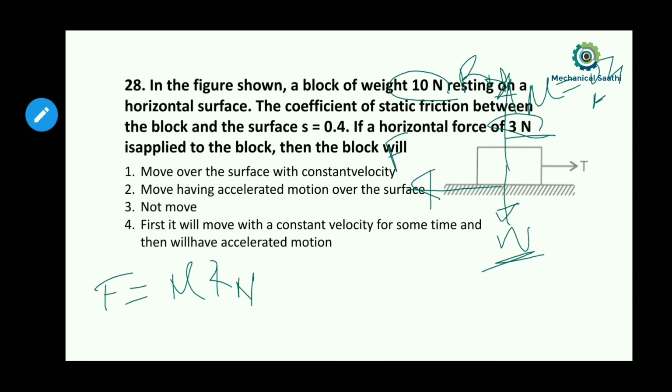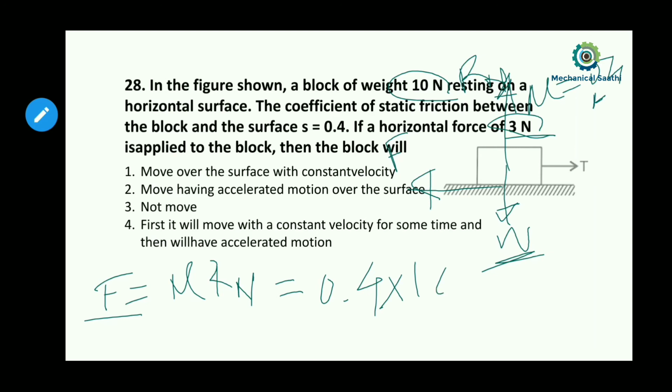Let us try to find out this frictional force which will be there. The mu value is given as 0.4, and Rn we can get from here: the magnitude of Rn will be equal to W. W is equal to 10 Newton, so Rn will also be equal to 10 Newton.